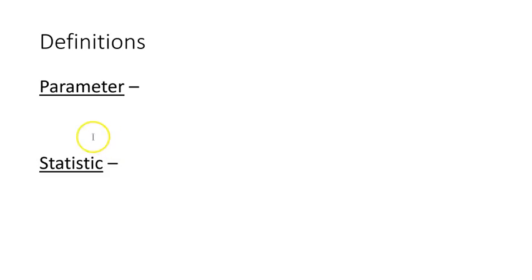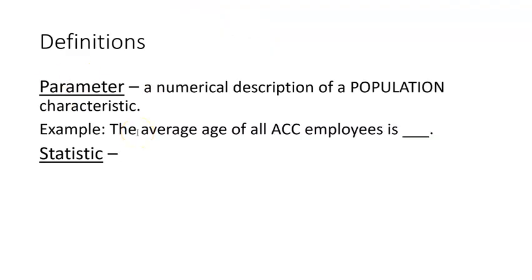Parameters versus statistics. Both of these are a type of data, or based on a type of data. A parameter is a numerical description, like an average.